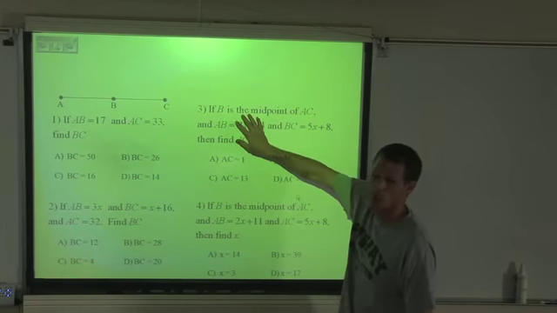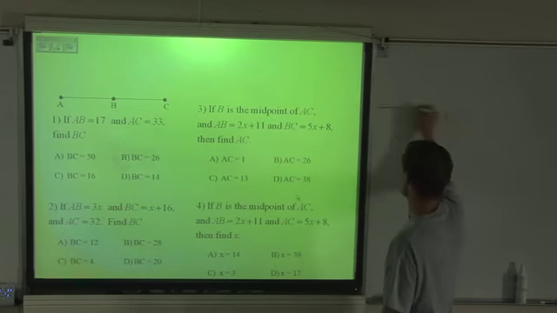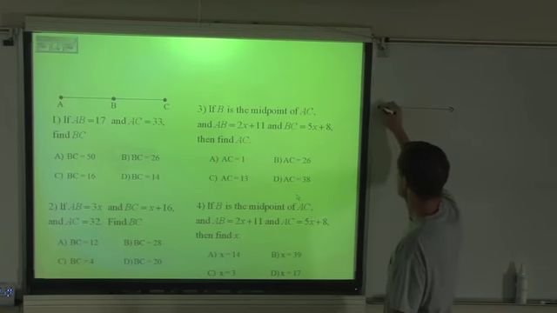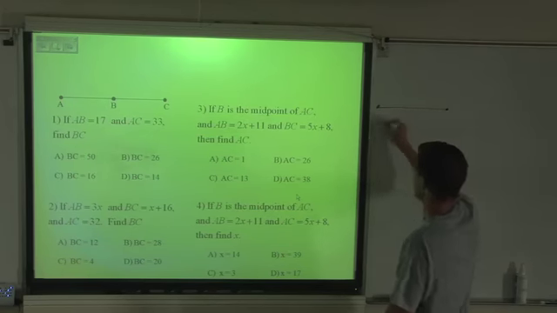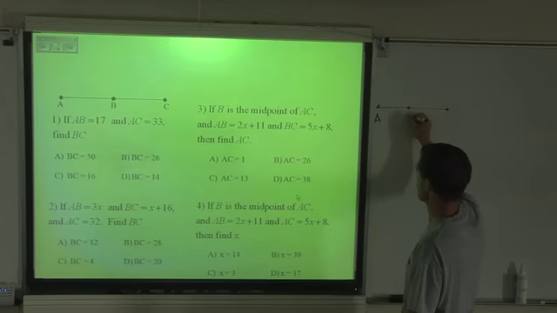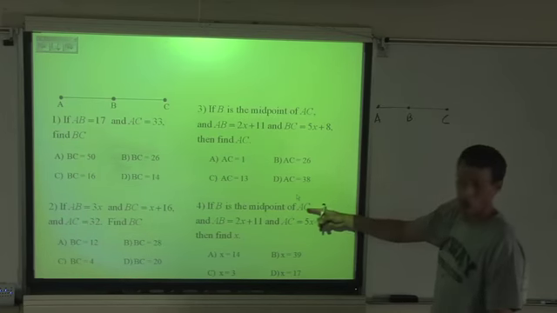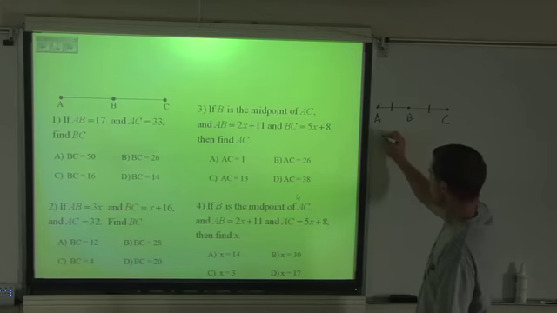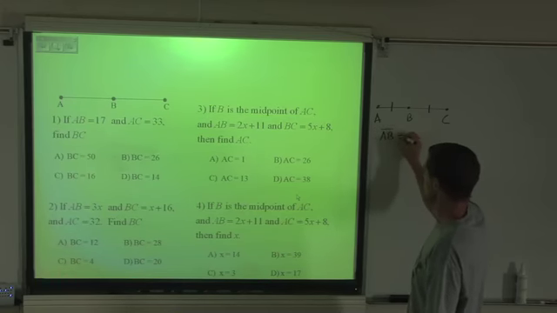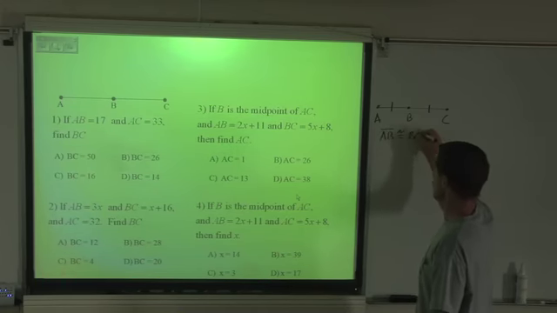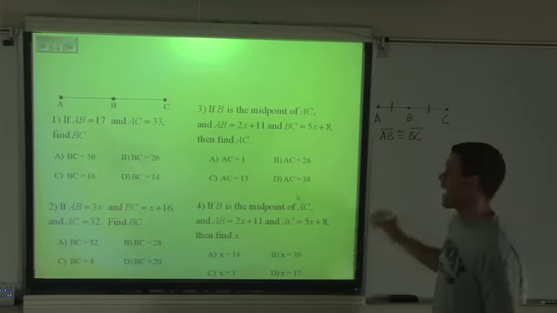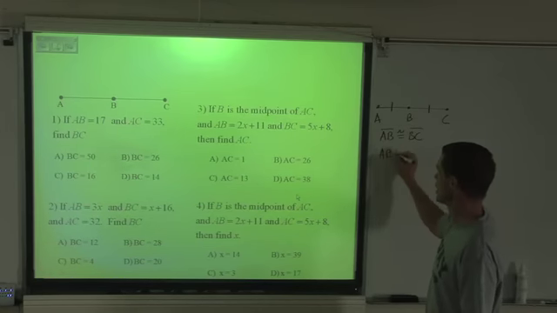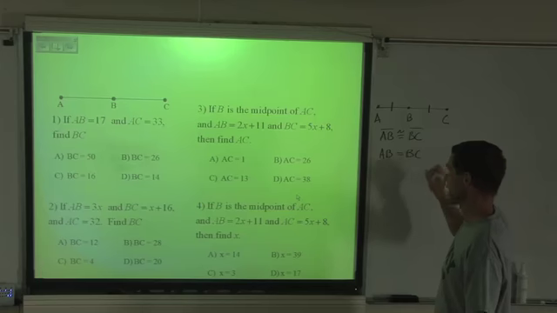But on this one, when you draw ABC, it is very important that for number 3 and number 4, you mark AB congruent to BC. Mark that to yourself. AB is congruent to BC. And then remember that that means AB is equal to BC.